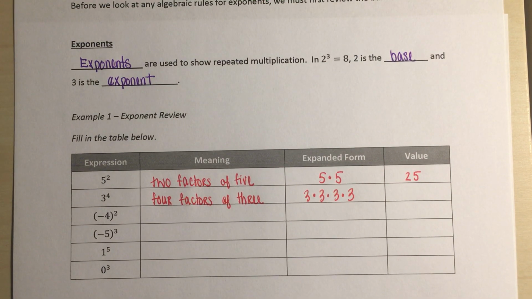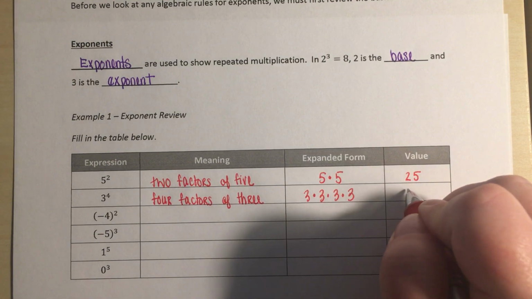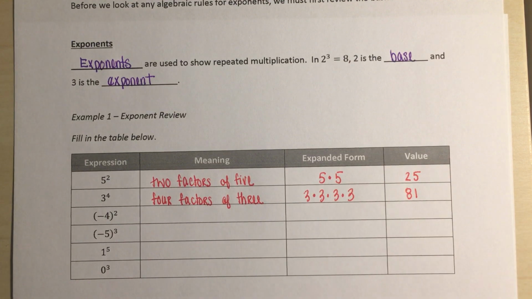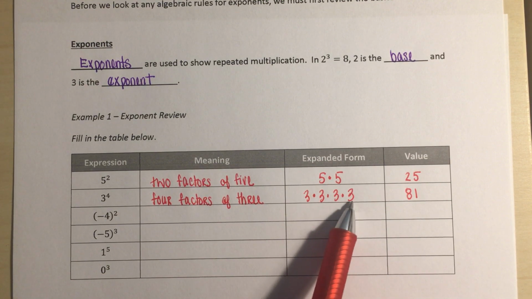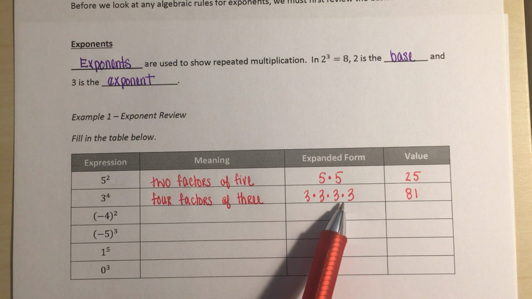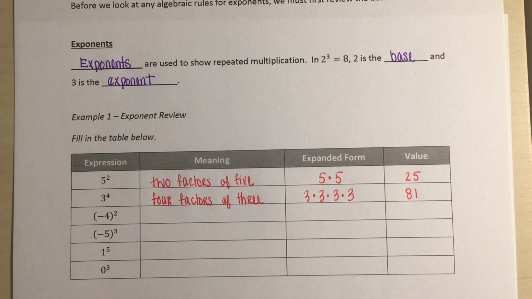And if we multiply these all together, there's a couple of different ways we can do this. 3 times 3 is 9, times 3 again gives us 27. If we multiply 27 by 3 again, that gives us 81. Or another quick, easy way to do this without having to do a lot of complicated multiplication: these two 3's give us 9, these two 3's give us 9, and if we multiply our 9 times 9, we also get our 81.